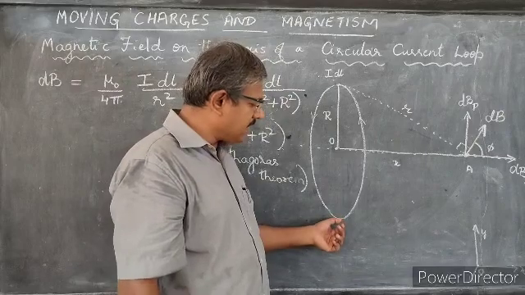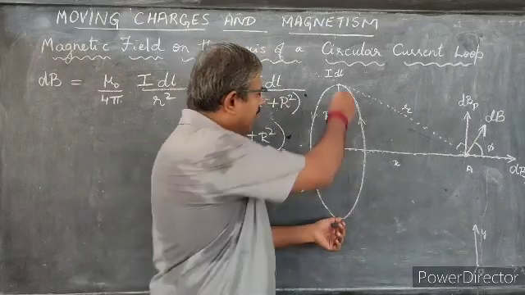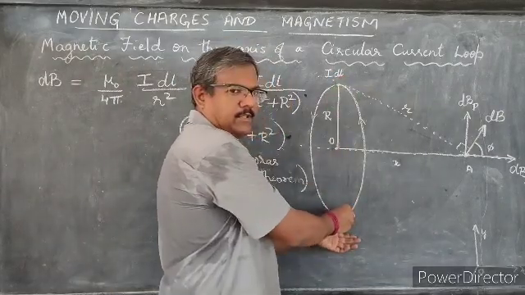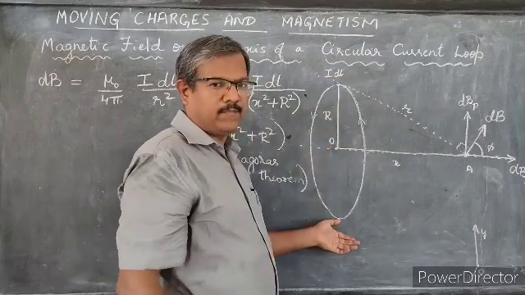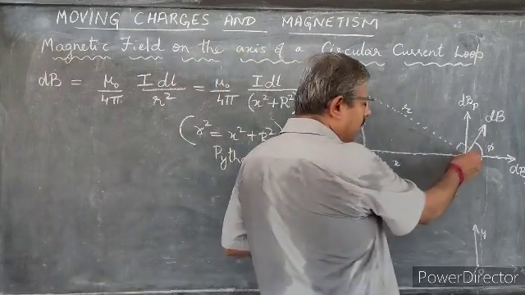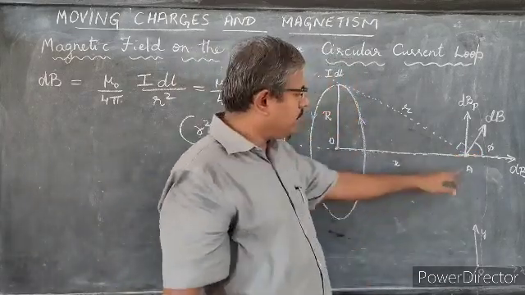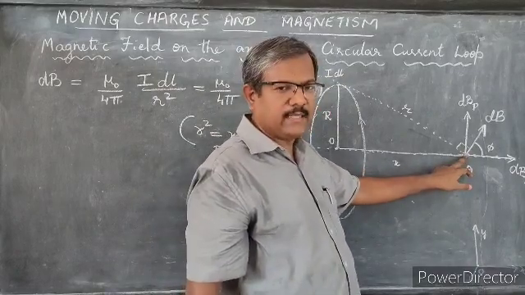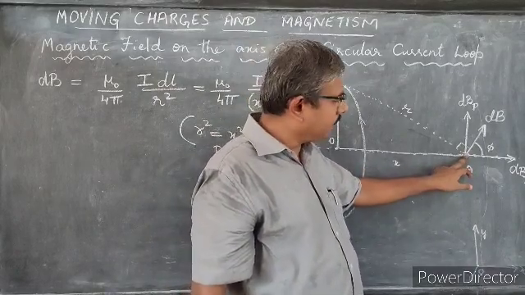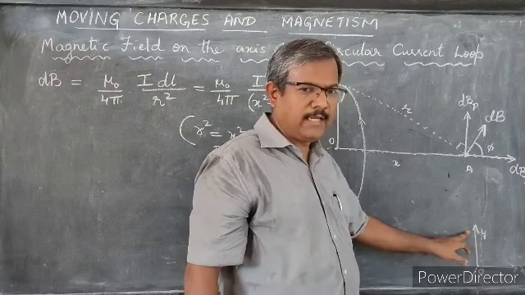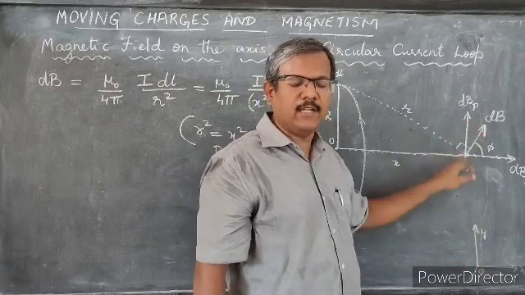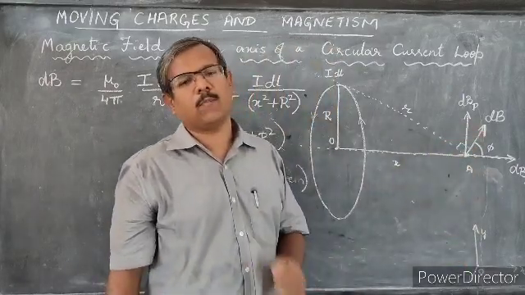Now similarly, if I consider another current element which is diametrically opposite to this current element, then I will get another component at this point of the magnetic field which will act downwards, and these two will be exactly similar to each other in magnitude but opposite in direction.